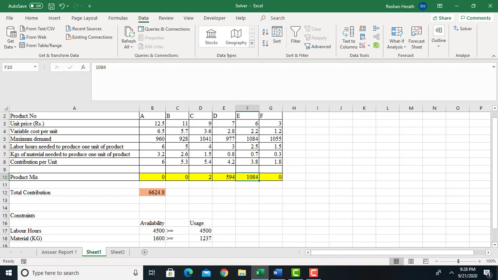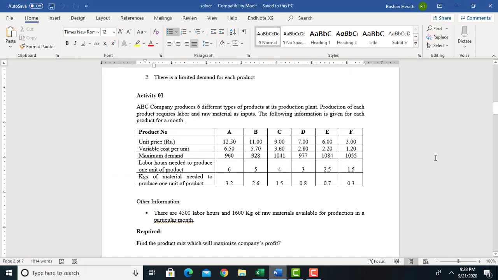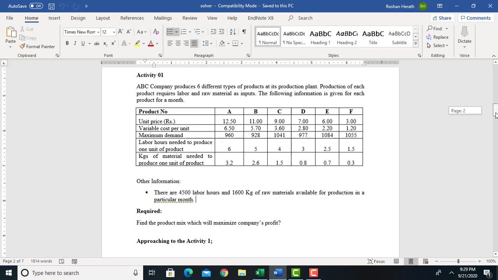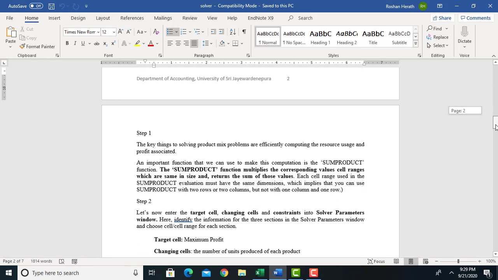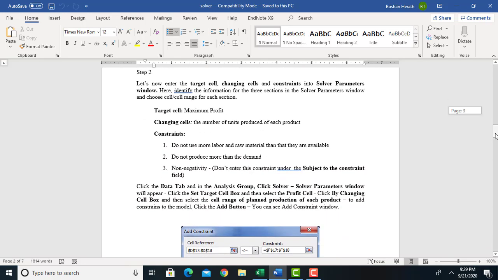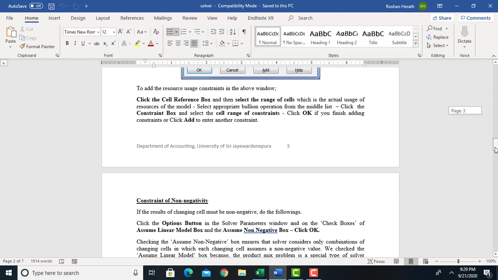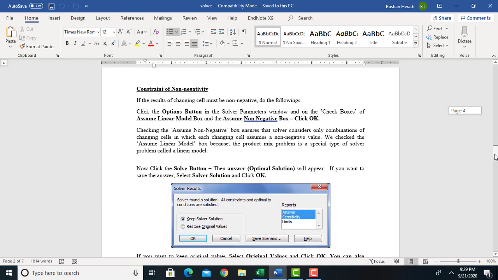Right. So that's about the first activity. Now let's move on to the next activity. Here it explains how you must do that. In fact, we have tried this out and I have taken you through all of this, so you can simply read that. And here it explains the constraint of non-negativity, which we have applied.